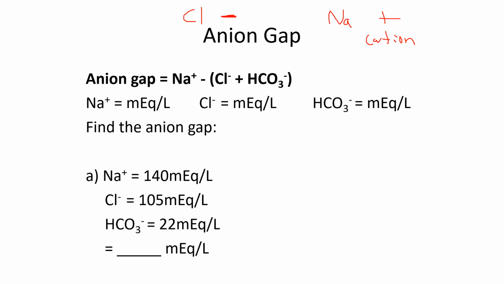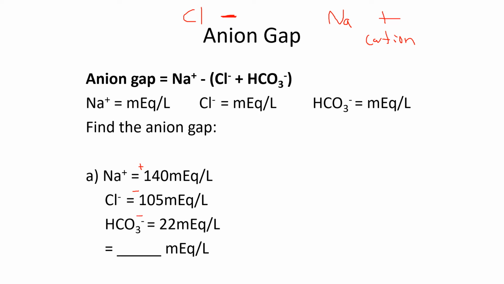So we're just measuring the difference between the charges, positive and negative. So add up all your positive charges, add up all your negative charges, and find the difference in charge. Right. So here we got sodium, which is positive, right? And then we got chloride, which is negative, and then we got this bicarbonate, which is negative, right?